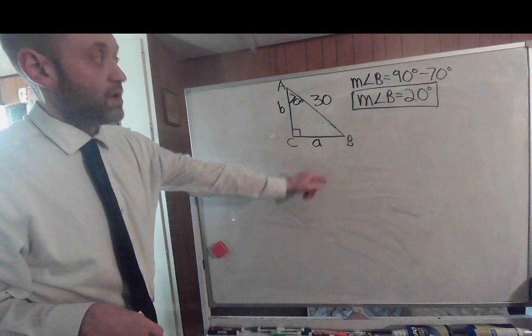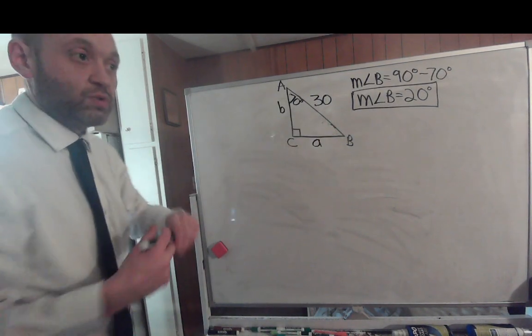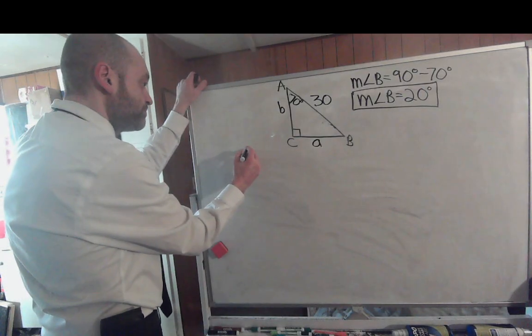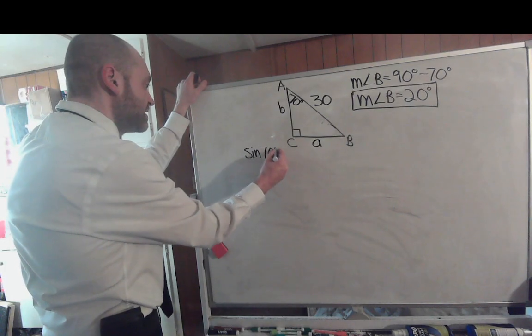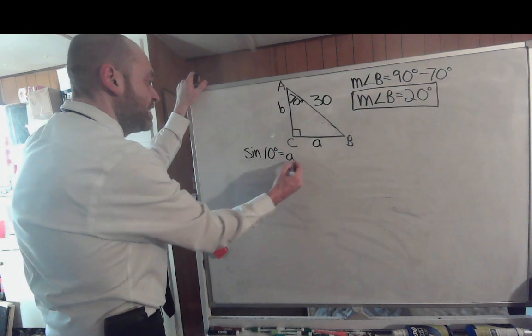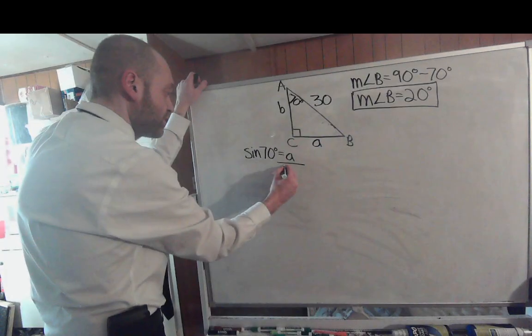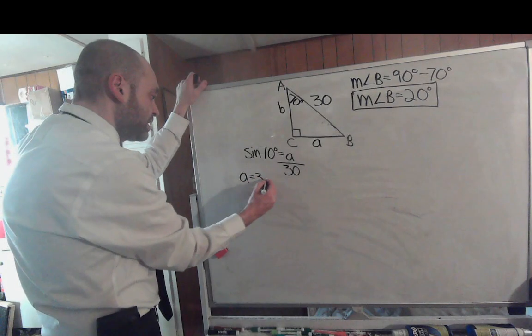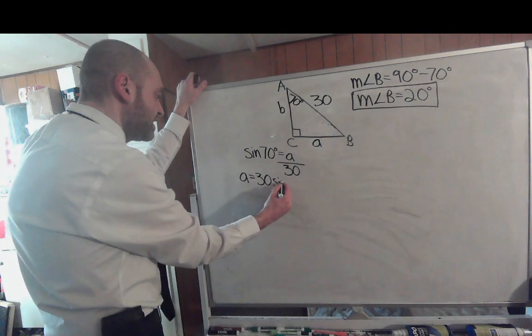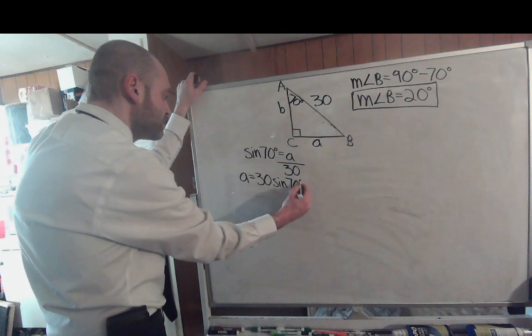Opposite over hypotenuse, that's going to be the sine function, right? So if we take the sine of 70 degrees, set that equal to your opposite side of A over your hypotenuse of 30, that means A is going to equal 30 times the sine of 70 degrees.